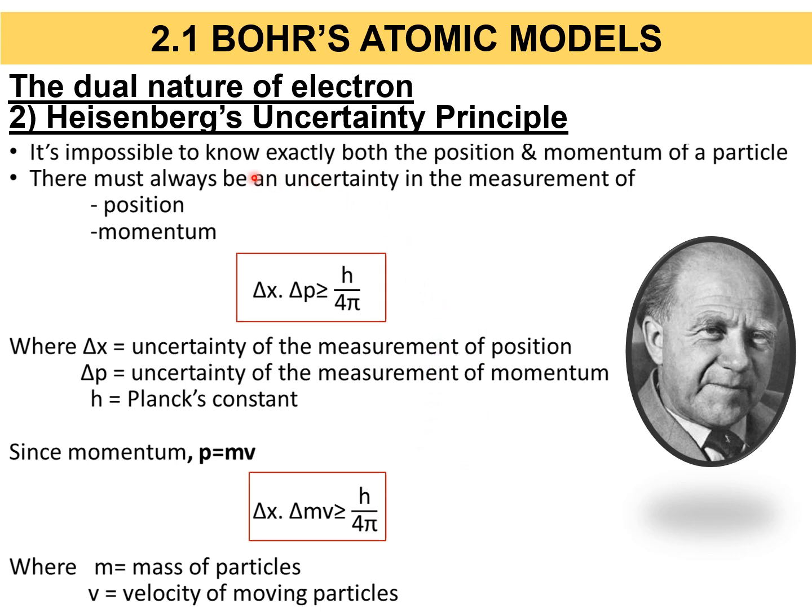Heisenberg dengan de Broglie berjaya untuk rungkaikan dual nature of electron. Kalau de Broglie dia dapat tahu from the formula, dia dapat tahu velocity of the electron, tapi from the Heisenberg bukan saja dia dapat tahu momentum dan juga position of the electron, tetapi dia juga dapat tahu the velocity of the moving particles. Okay.